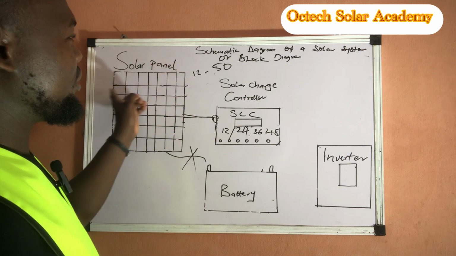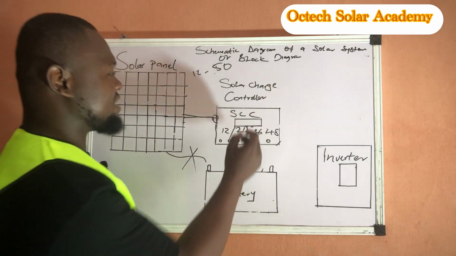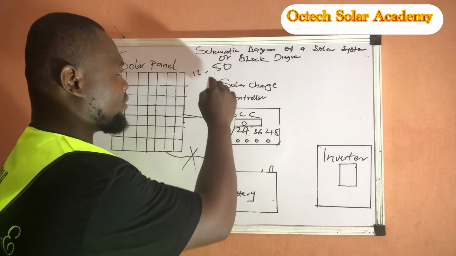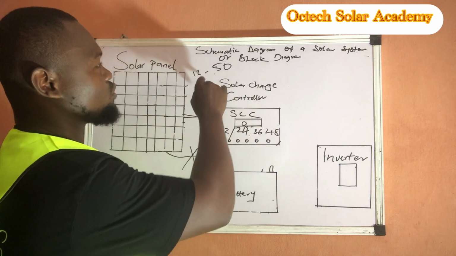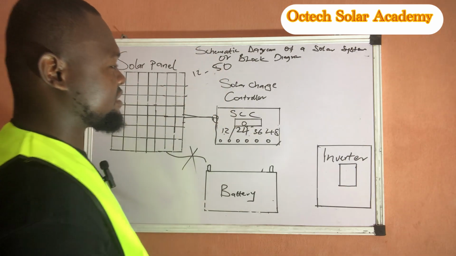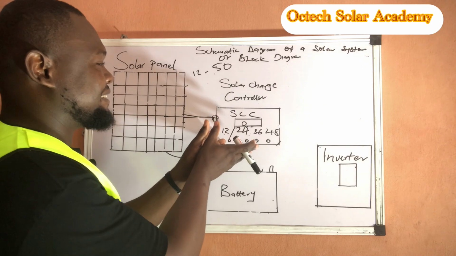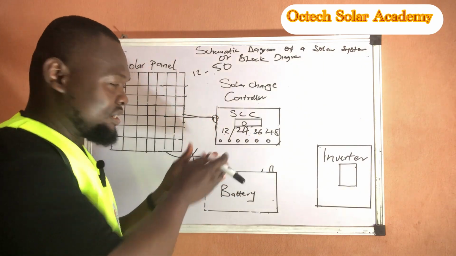The charge controller takes up the voltage and synchronizes it to 12, 24, or 36 to 48 volts. So it synchronizes the system and harnesses the energy.